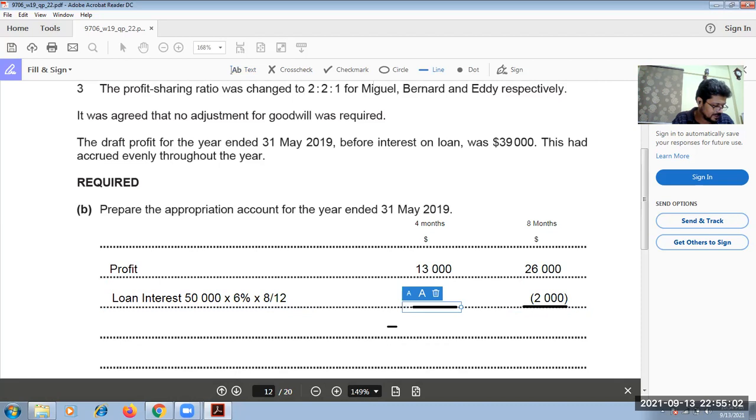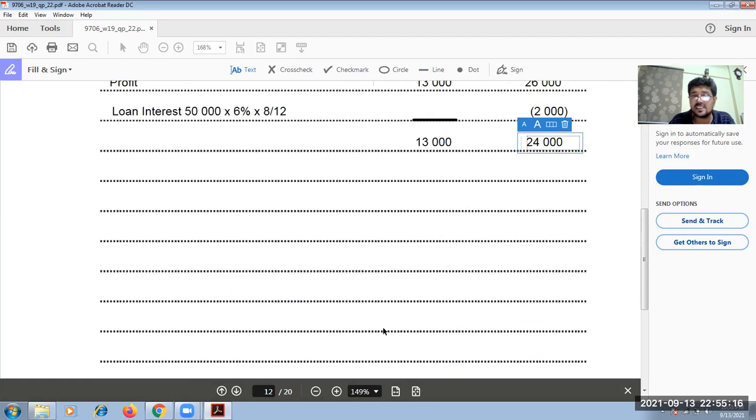Now, next step. This will remain 13,000 and this will become 24,000 because we have to pay interest in the last 8 months of the year. Now salary to AD is decided, 12,000 per annum.